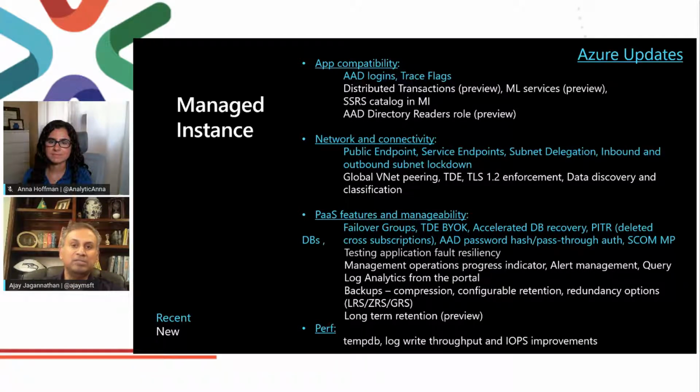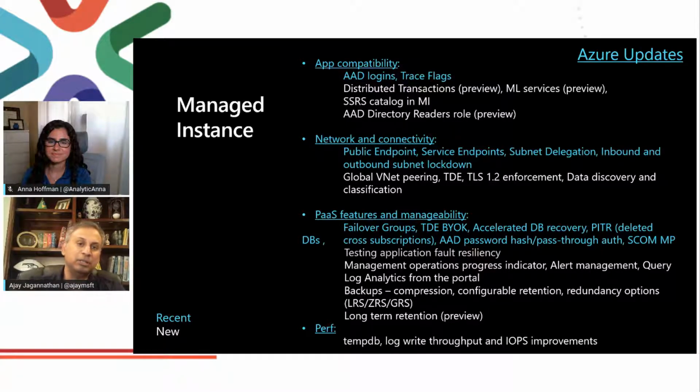And last but not least, very important, customers in some countries which have data residency requirements wanted specific zone redundant configuration options for their backups. So they have that option now, plus with additional compression options and local and geo-redundant storage choices, you can get additional savings for your backups.